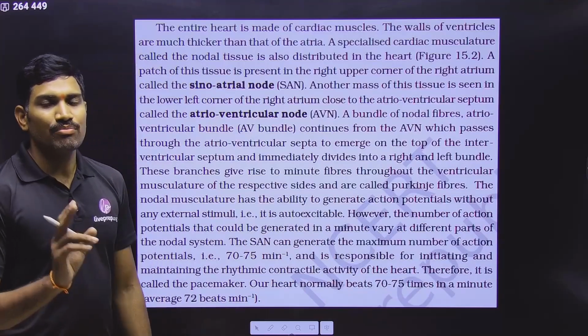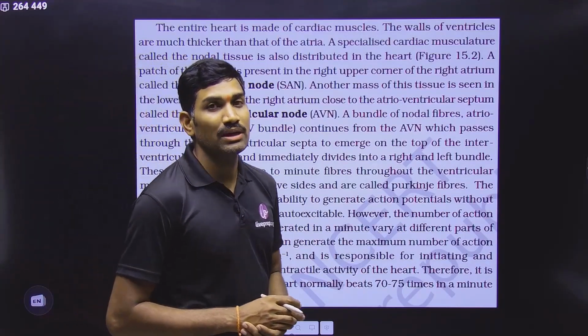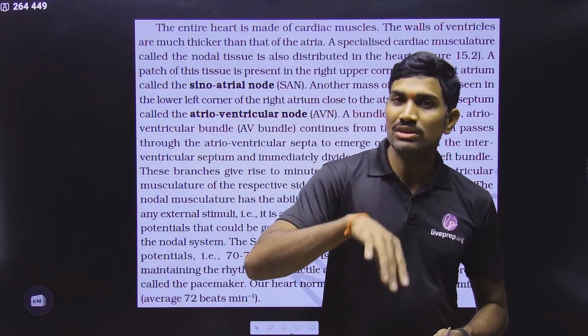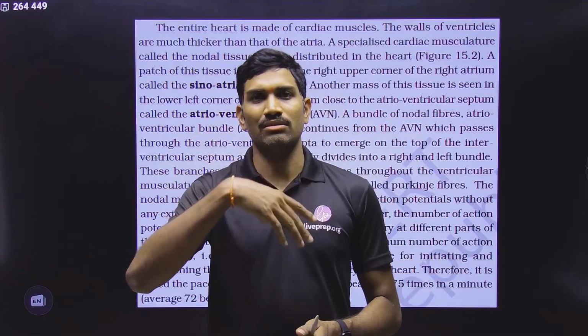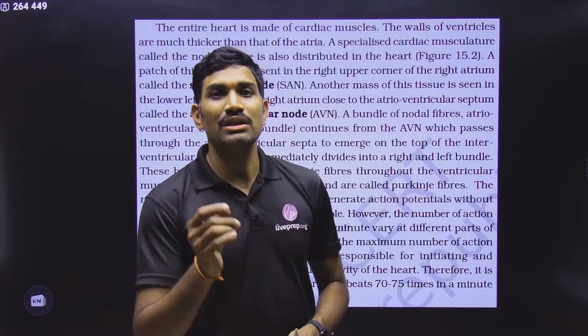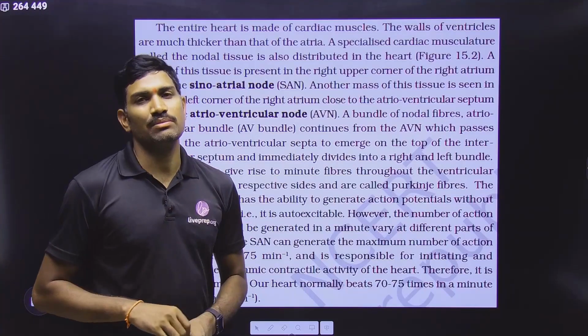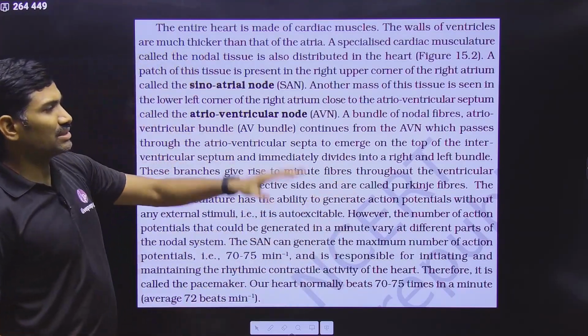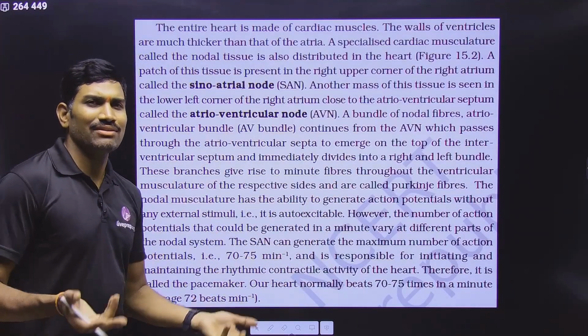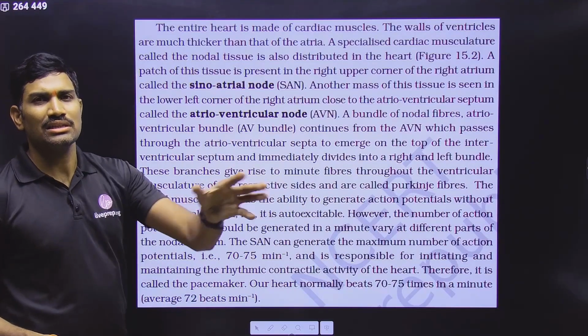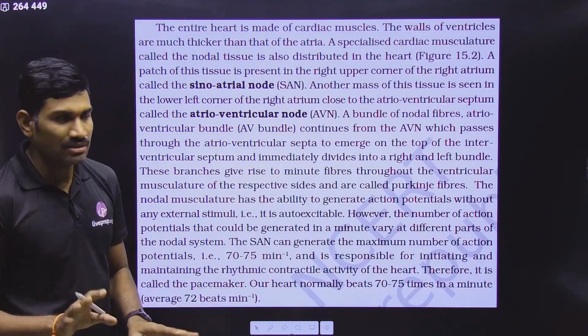That's why if the pacemaker SA node is not working properly, it is highly difficult. In those cases, surgically, doctors will introduce an artificial pacemaker, which helps in deciding the number of heartbeats per minute. Clear? This is the general basic information. Regarding the artificial pacemaker, I will try to mention it in the extra information, not here. Clear? Next one.